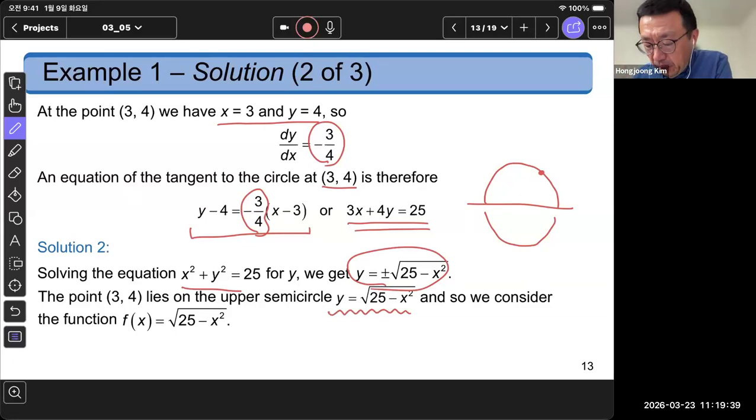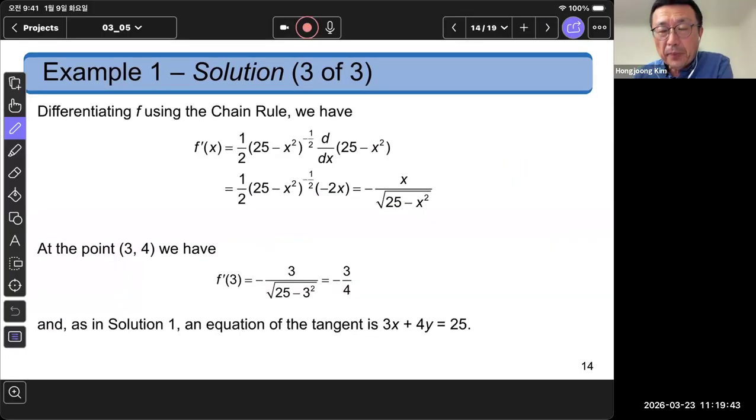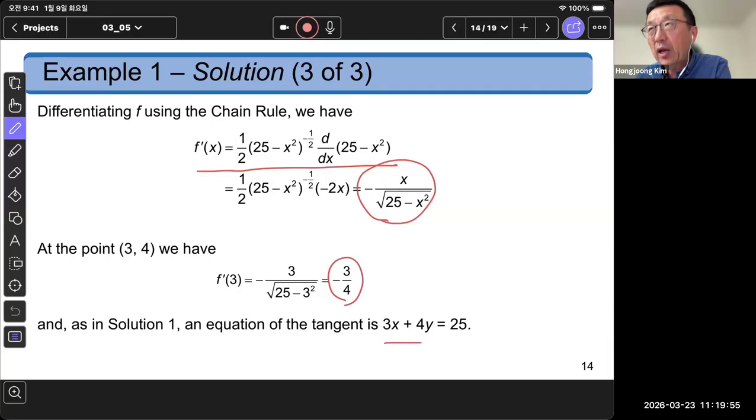Given this, I can differentiate this function with respect to x using the chain rule. Given this expression in x, I can plug in 3 and 4 to get the slope of the tangent line and find the same answer. But you don't have to derive this explicit relation. You can just play with the implicit relation.